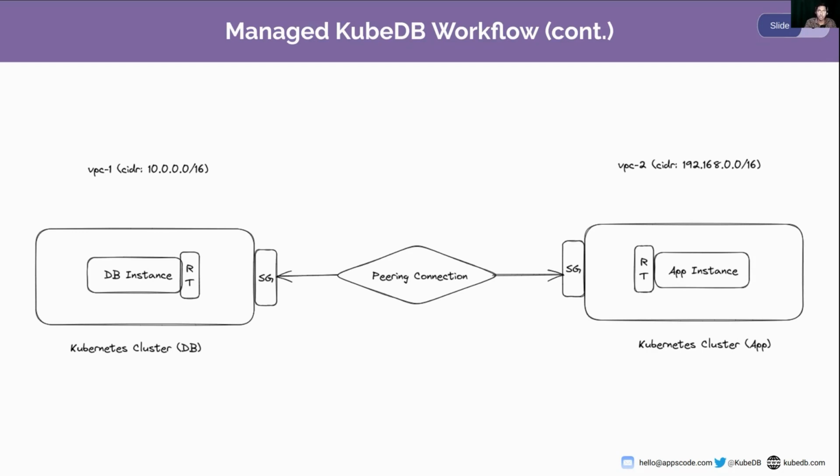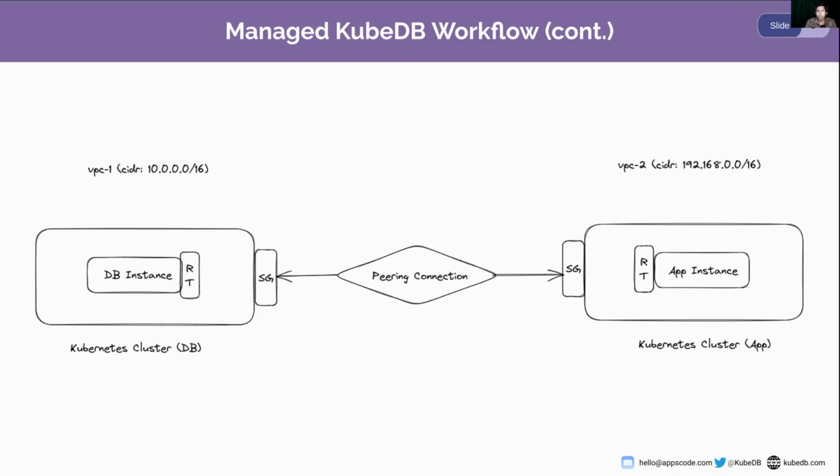Let's say you have a DB cluster running on VPC1 with a different CIDR range, and you have an application cluster, let's say another Kubernetes cluster, in a different VPC, and you want to connect your application with the database inside the AWS network. In this case, we are maintaining that by using a peering connection.